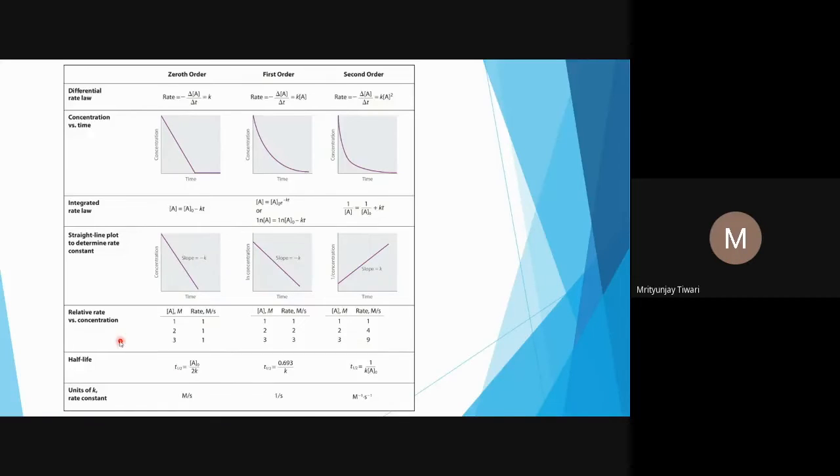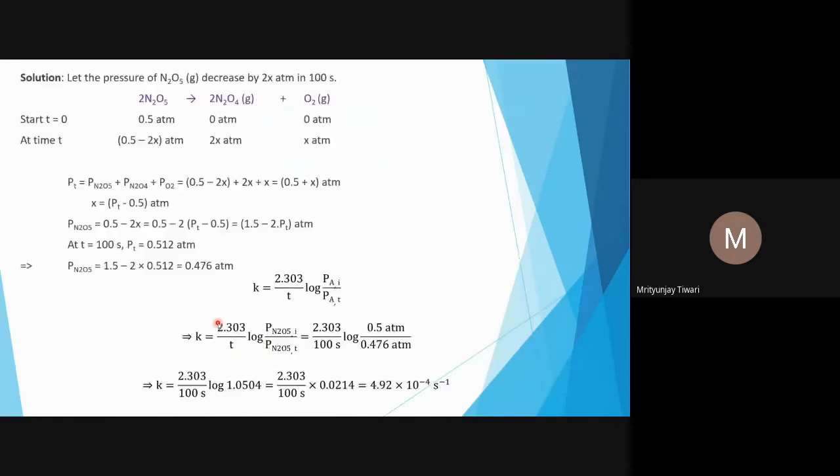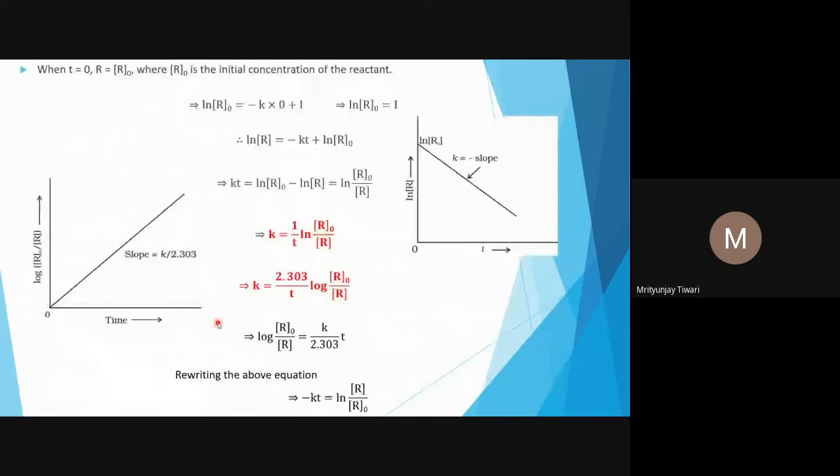So the relative rate versus concentration: if you look at the zeroth order reaction, if you increase the initial concentration, we don't see any change in the rate of the reaction, because the rate of the reaction is equal to k, the rate constant, for the zeroth order reaction. And this expression we have also obtained earlier.